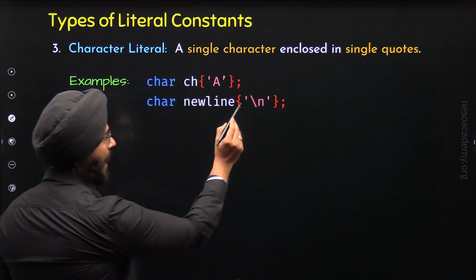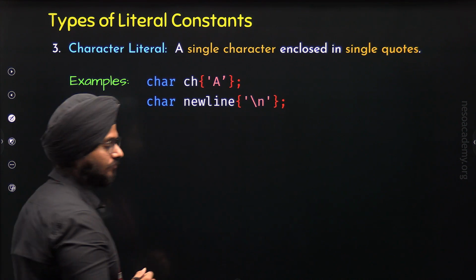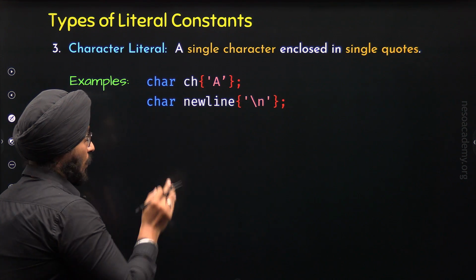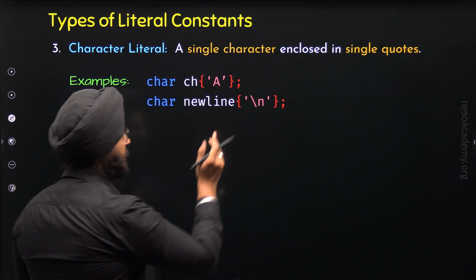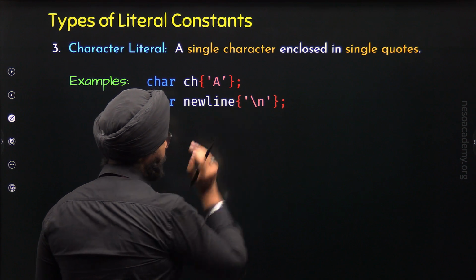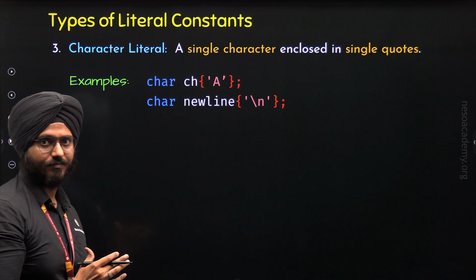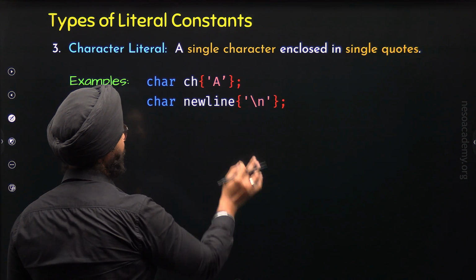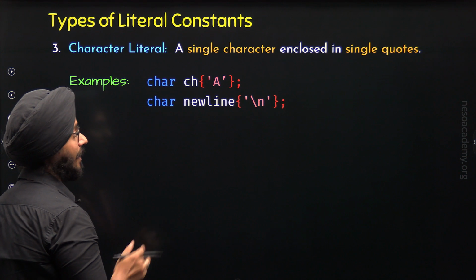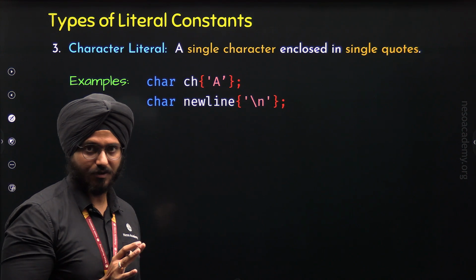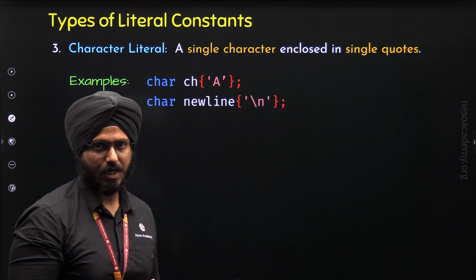We have \ and n. How can we say that this is a character literal? We can say this because this is a special type of character literal, which is also called an escape character. This is specifically called the newline character in C++. So this is a character literal. I hope it is clear to you now.